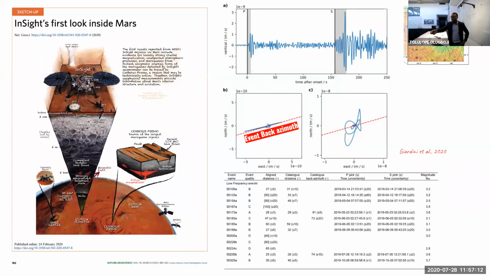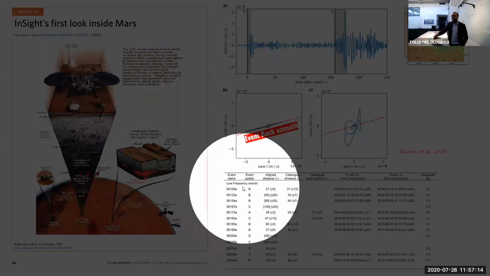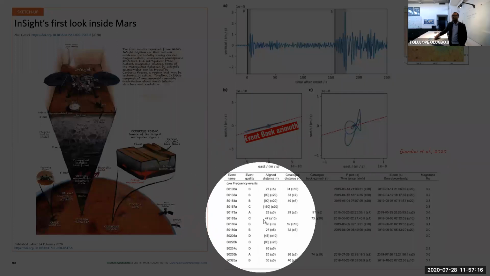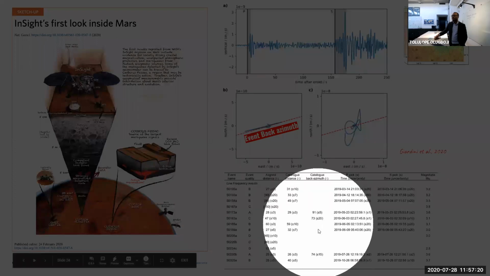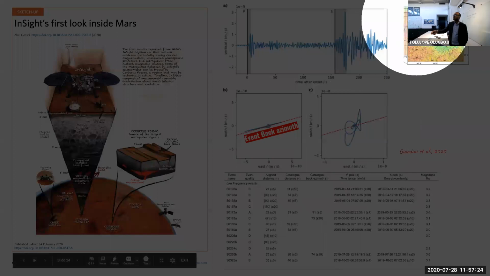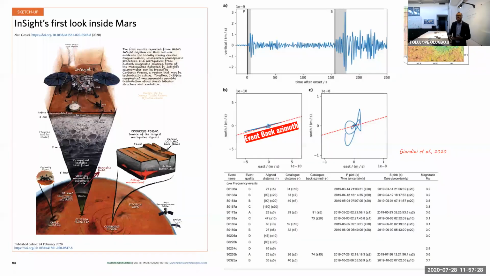And they did it for all the long period low frequency events that they had confidence to call Mars quakes, and three of them gave numbers that were kind of close to each other, suggesting that it came from this region on Mars. So this is the first ever detection of a quake on another planet other than Earth and the moon.